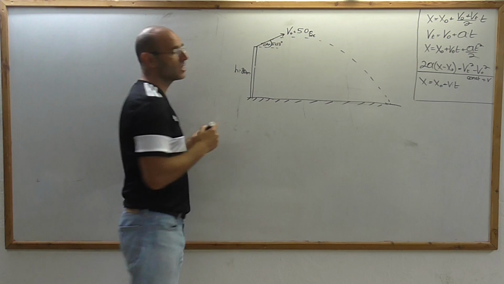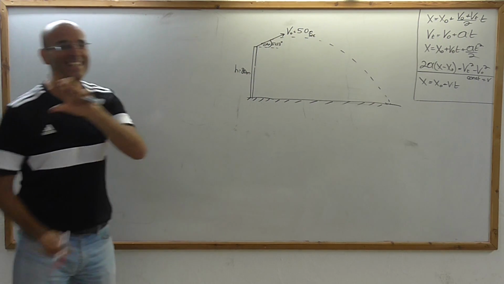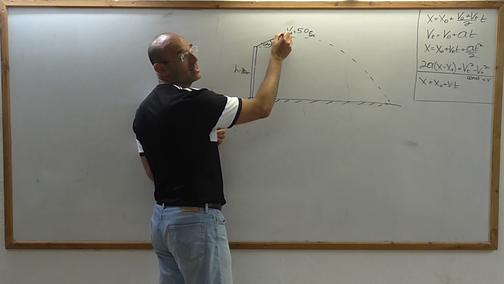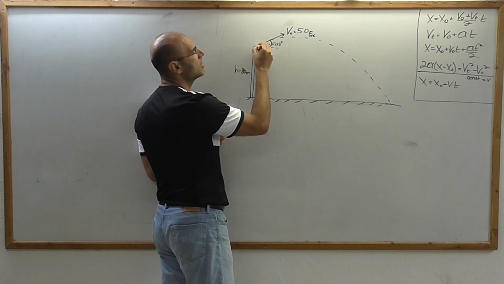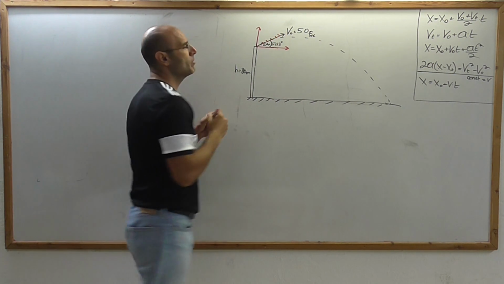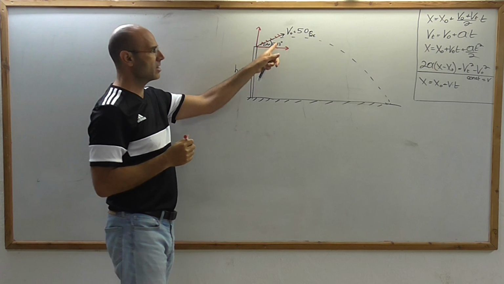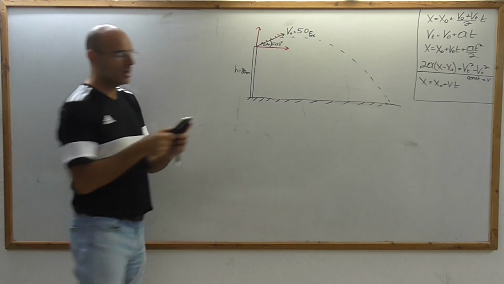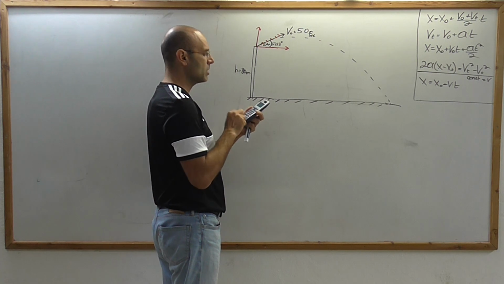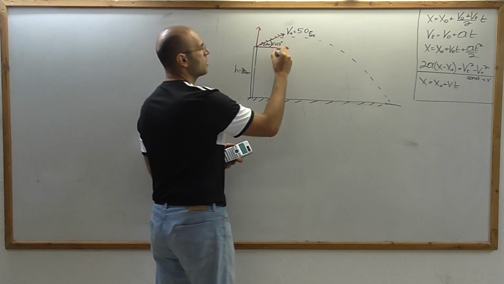How do I treat these kinds of problems? Again, exactly the same. First of all, I separate the velocity into the x-axis and the y-axis. I remind you that this one will get the cosine. So this will be 50 cosine 53.13, which is 30.